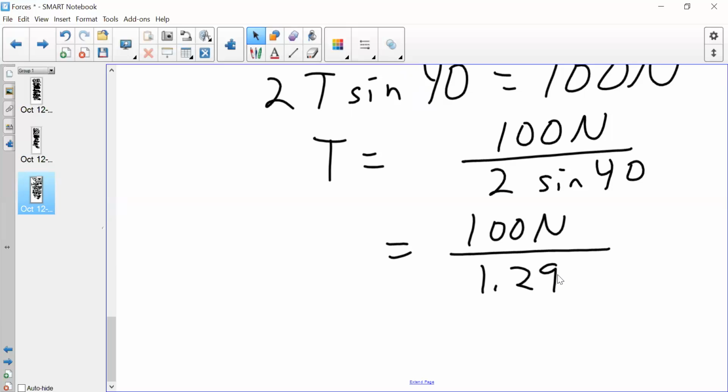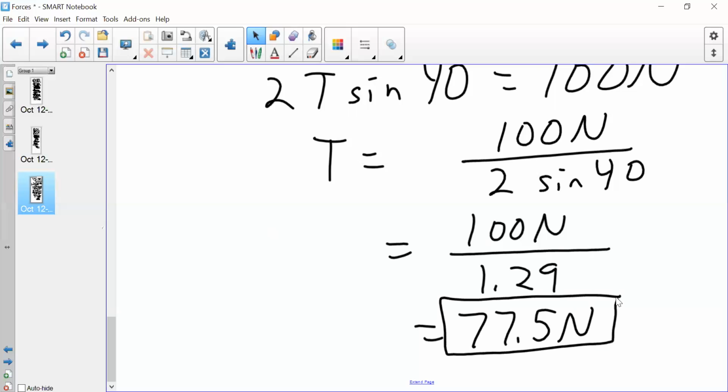It comes out to be 77.5 newtons. So the tension in both wires is 77.5. The angles are the same. That's something you should know from geometry, but if not, you can prove that they're equal.